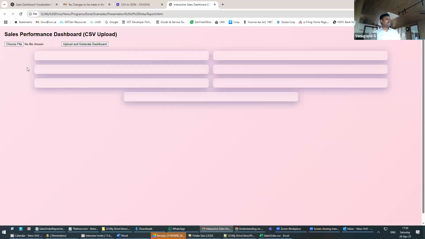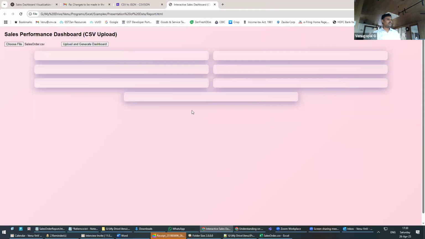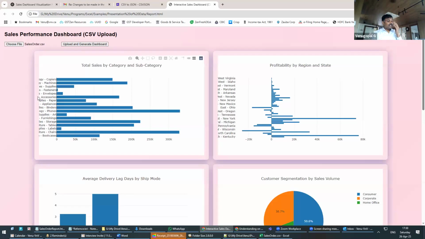Now can you see the color got changed, and 1, 2, 3, 4, 5, 6, 7 reports it prepared. I'll say choose file, and I am choosing the sales order. Automatically the reports will now get generated, and you can see there is padding between one report and the other. Upload and generate the report.